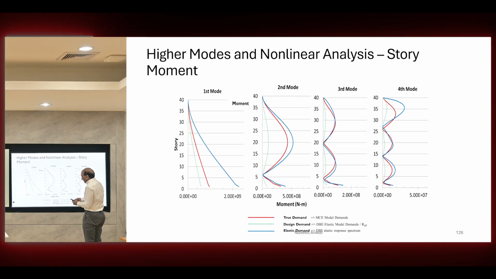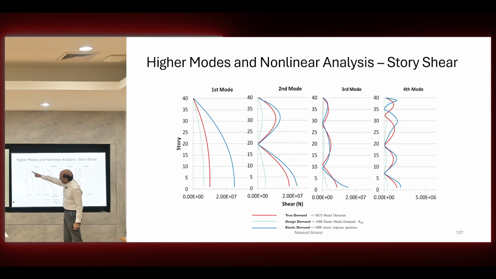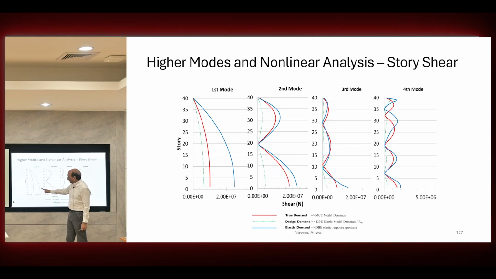Now you can look at this one. Forget about the moment. I want to show you the shear. The blue one is the elastic demand coming from the response spectrum by combining all the modes that you saw last time. The red one is the true demand coming from nonlinear time history analysis.